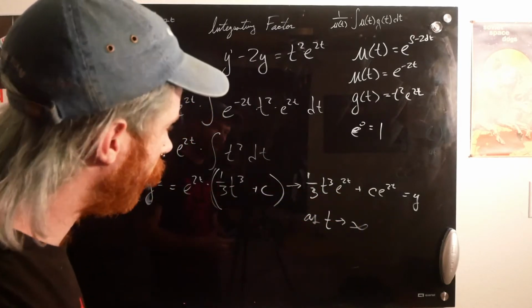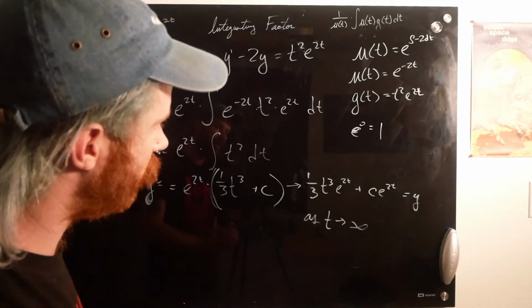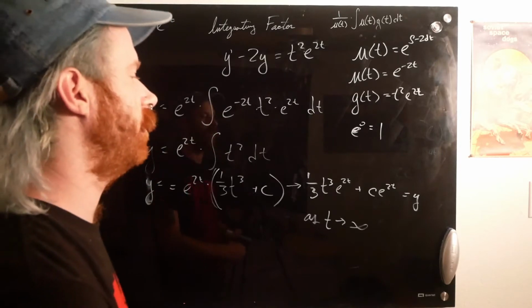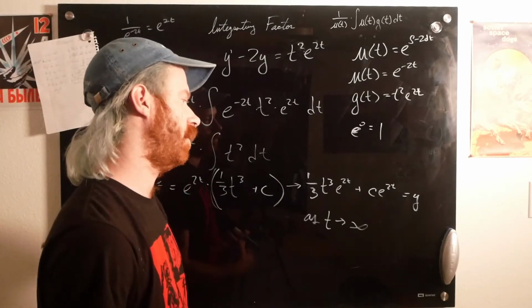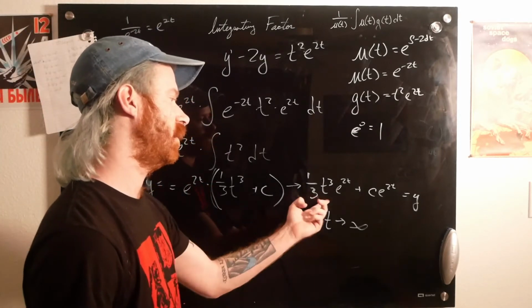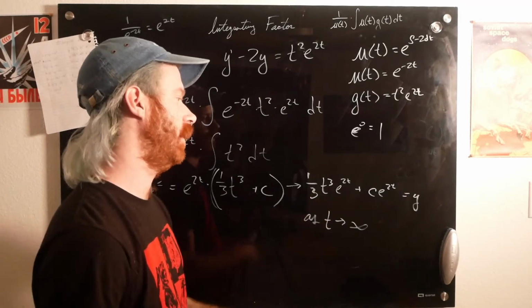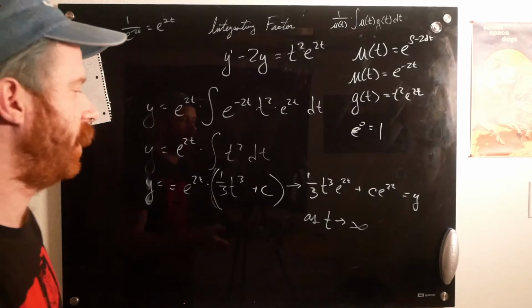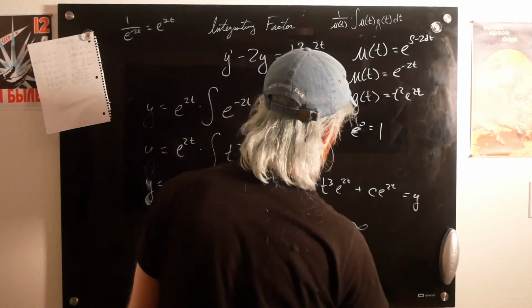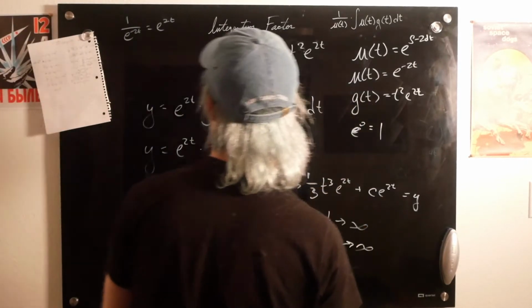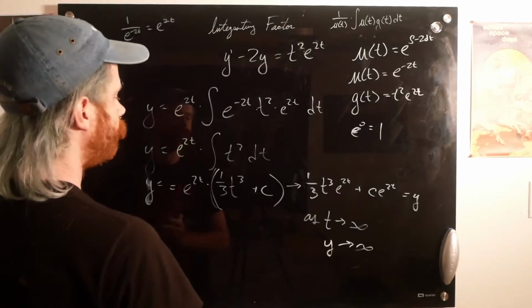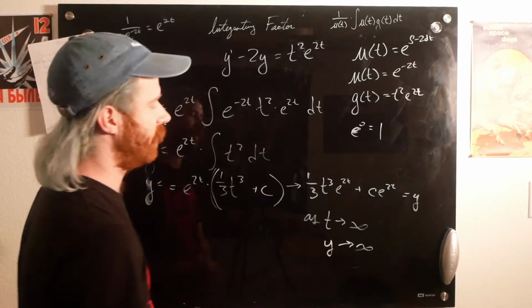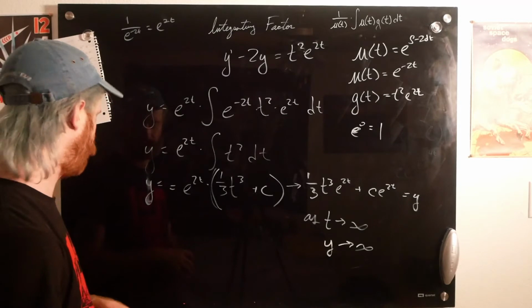It's not going to matter if c is positive or negative, because this is going to outweigh that. So this will always be a higher power of infinity. So as t approaches infinity, then y will also approach infinity. So that is how you evaluate that.